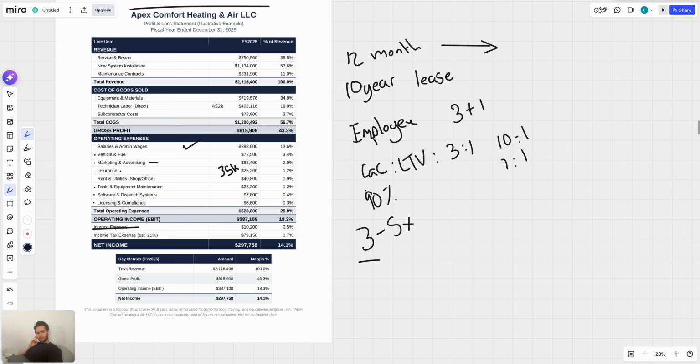I'm happy with the lease. Churn, I would like this business to have a sub 10% churn rate. So that would be how it gets to a 10 to 1 LTV to CAC, because its churn rate is, say, 10%, and it's actually able to sell additional services over and over and over to their existing customer base.